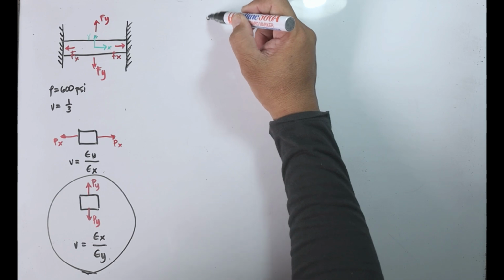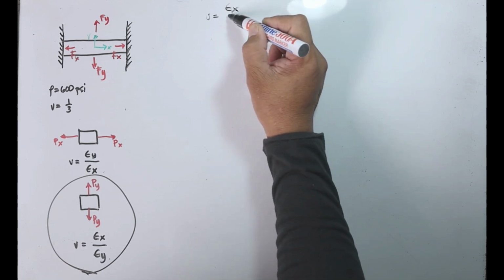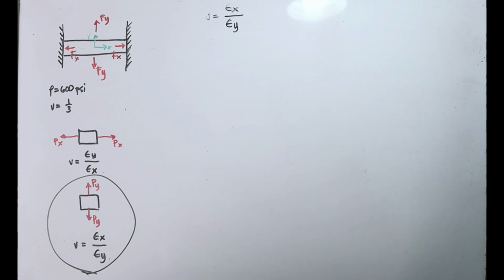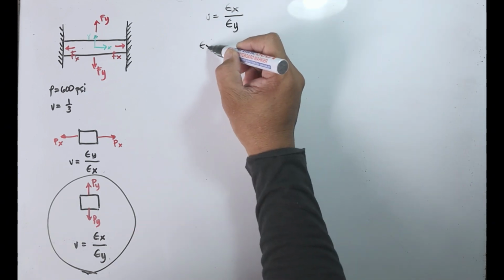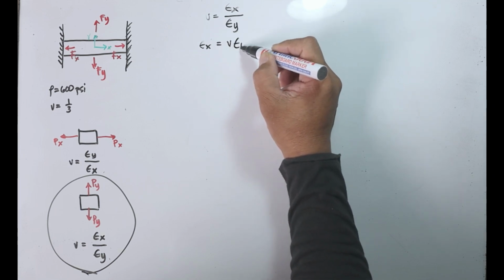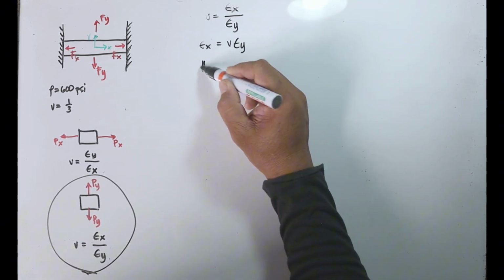Again, Poisson's ratio is strain along x over strain along y, or the strain along x is equal to Poisson's ratio times strain along y. That is just cross multiplication and then rearranging the equation to get strain x on the left side.